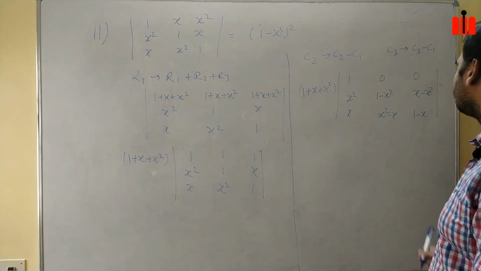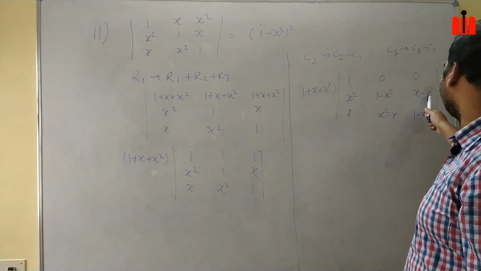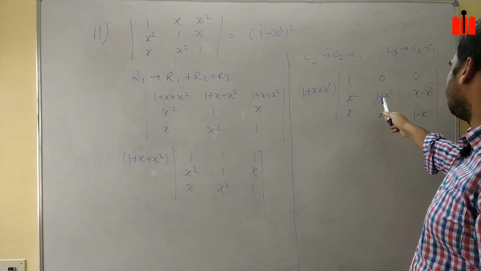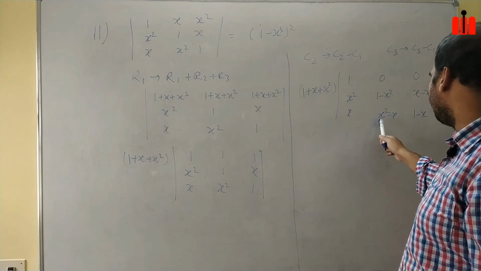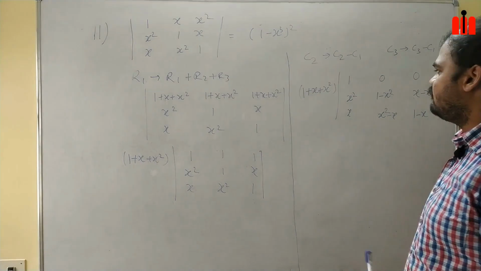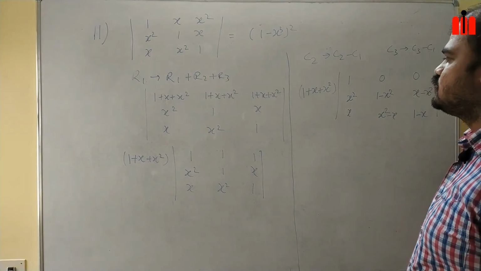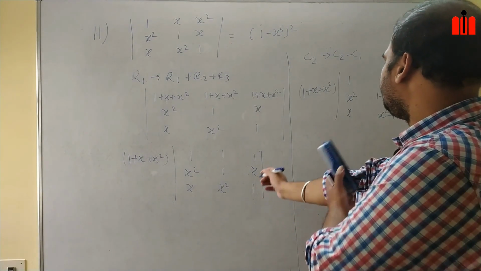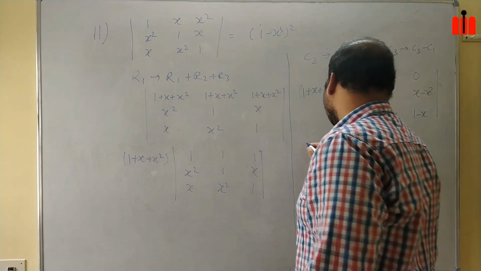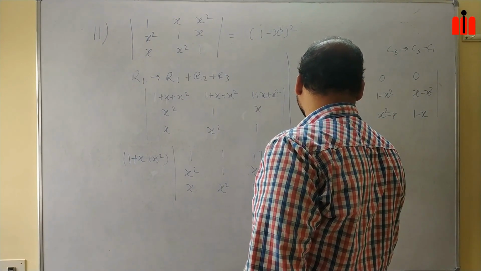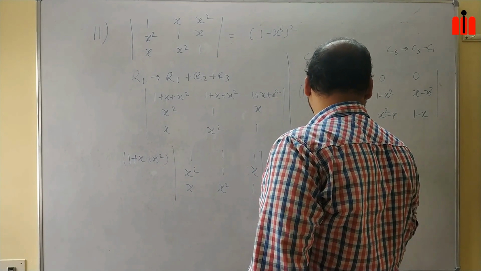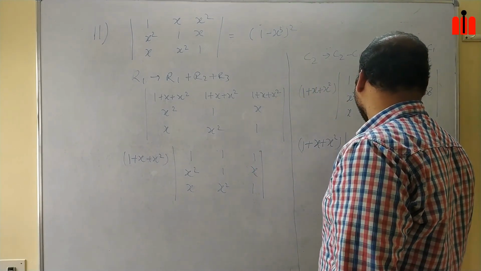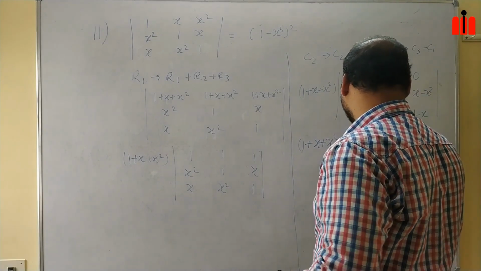From this you take 1 minus x common. Here it is 1 minus x, 1 plus x. Here it is x, you will take 1 minus x common. Here you will get again 1 minus x common. So here you will get 1 plus x, and 1 minus x will be common from the entire thing.